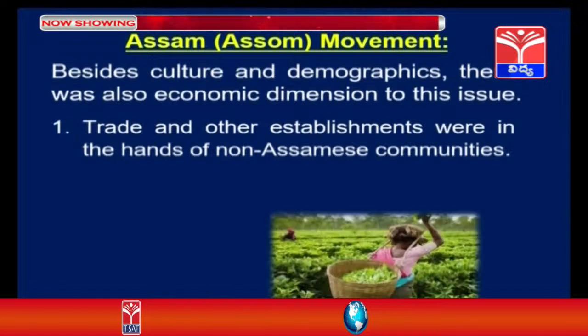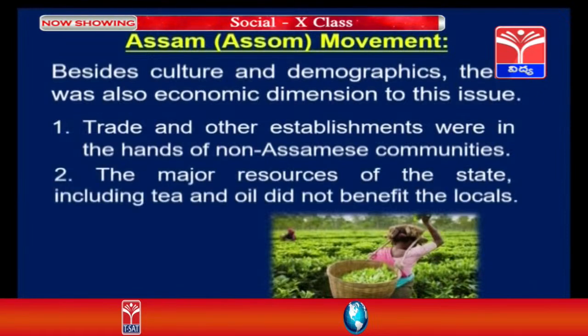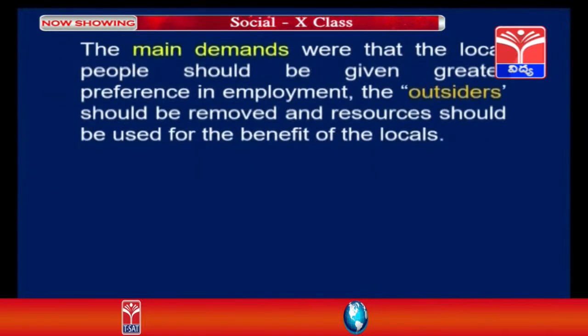For example, Assam is famous for tea plantation. The resources of this tea and oil did not benefit the local Assamese people. So they mainly demanded that the local people should be given greater preference in employment.